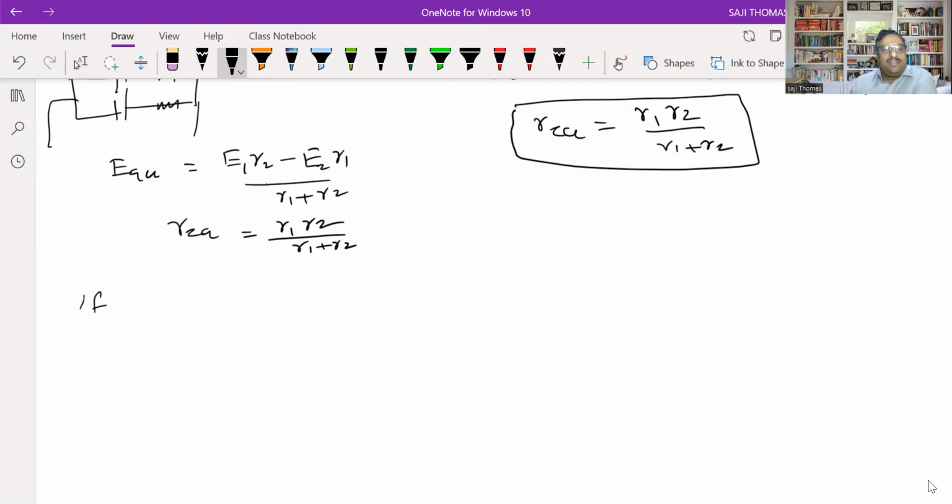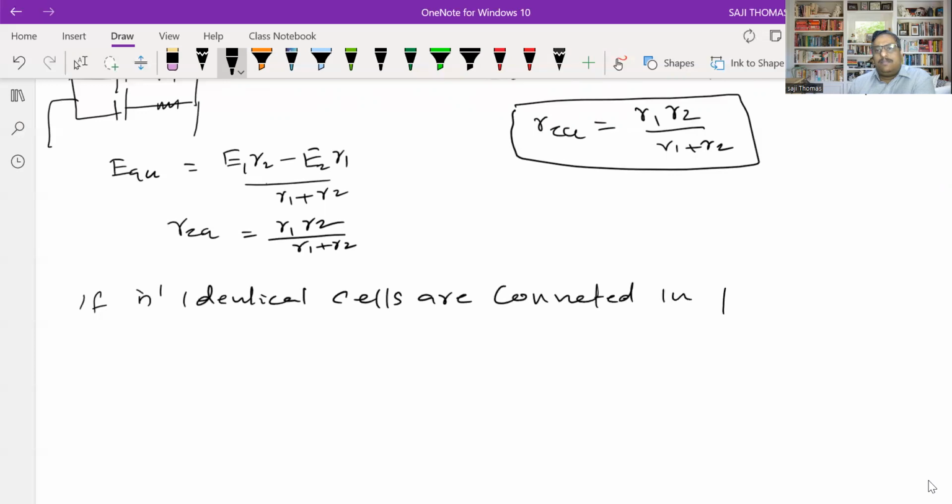So if n identical cells are connected in parallel, what will be the equivalent EMF? It will be E only, because in parallel combination EMF is the same, right?